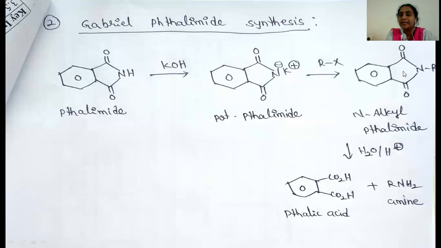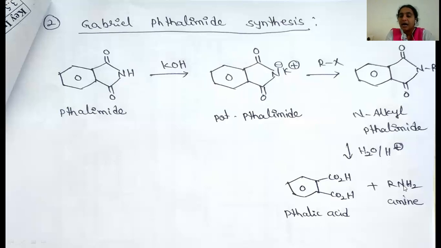Now this N-alkyl phthalimide undergoes hydrolysis. Then what will happen? This amide linkage will break, and this bond will also break. Because of hydrolysis, one OH group will substitute here, one OH group will substitute here, and one hydrogen will be substituted on the nitrogen. So finally it produces phthalic acid as well as the amine.